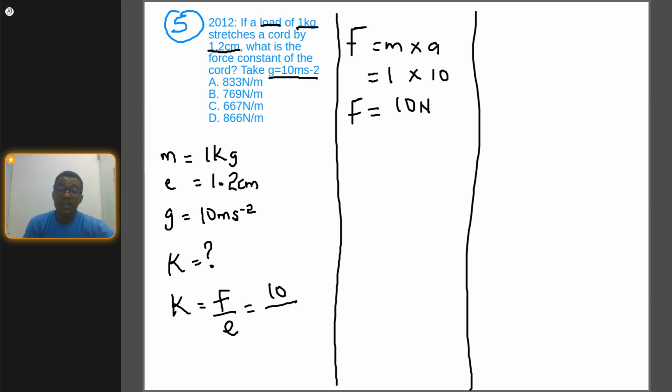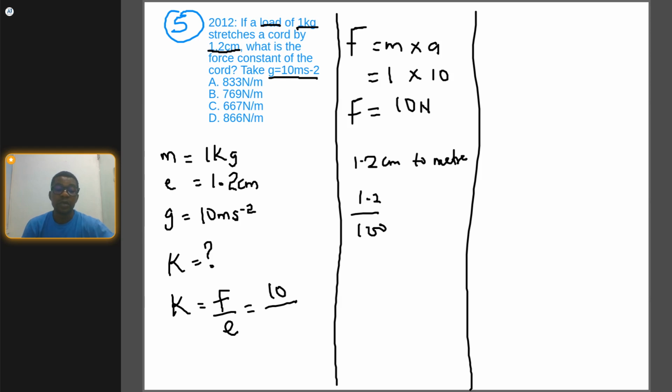But you have to convert 1.2 centimeter to meter, which is going to be 1.2 divided by 100.